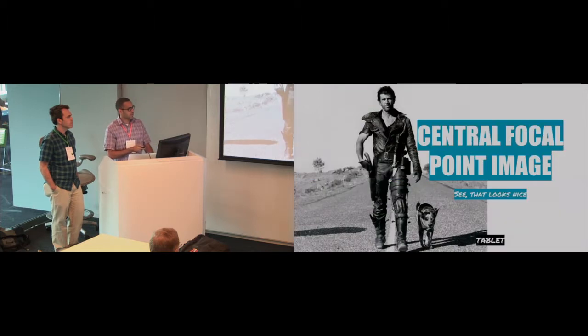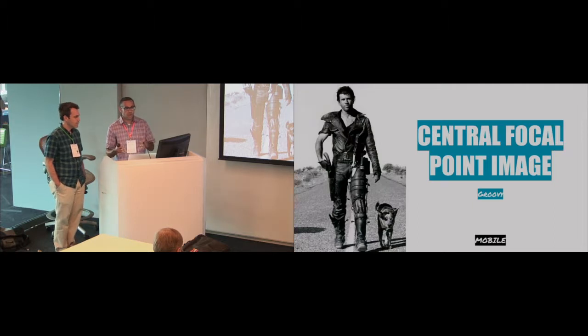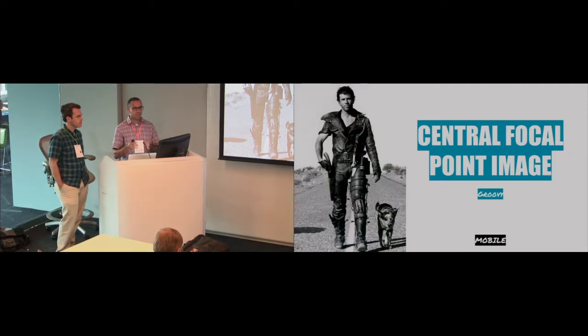So on desktop down to tablet, we're losing the outer edges here, but this is still the same file all the way down, and it still looks good. You're not really losing any quality here because you're keeping the same quality all the way down. You're just losing extra information on either side of the image.